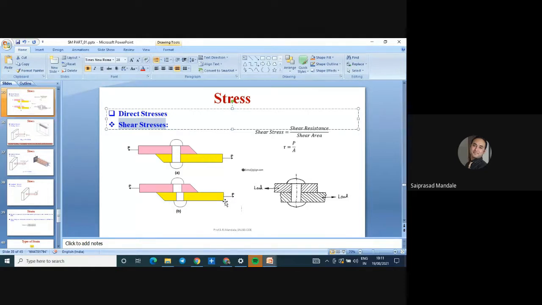It equals the force P divided by the area of this cut section. Say the diameter is D, so in that case pi by 4 D square is the area. Tau represents shear stress, internal resistive force per unit area, so force divided by pi by 4 D square is the shear stress. This is a single shear failure.